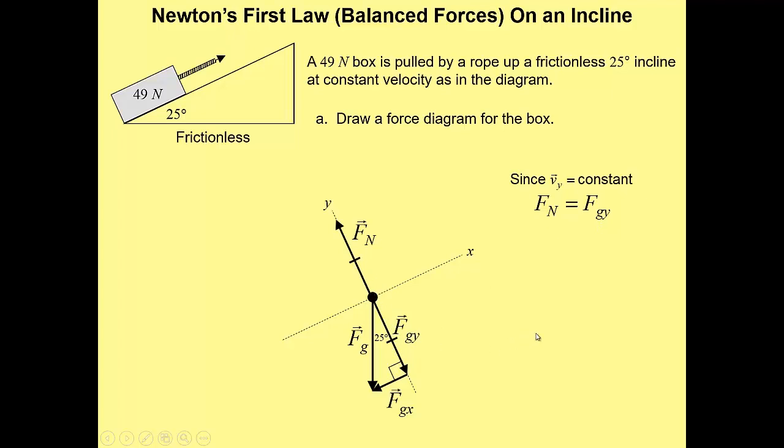Well, we've got one more force, and that's the force from the rope, the force of tension, which, as you can see from the diagram, acts up and to the right, up the incline. Okay, so there's the force of tension. How big does it have to be? Well, as it says in the problem, the box is moving at constant velocity, which means what has to be true about the forces?